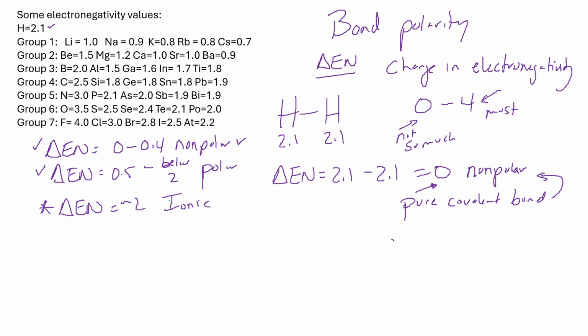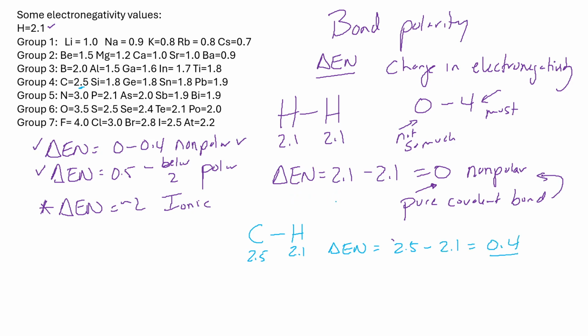Now, if I take something like carbon and hydrogen, and I look at carbon up there on our chart, carbon is a 2.5, right about there, and our hydrogen is 2.1. Take the difference in electronegativity value, that is 2.5 minus 2.1.